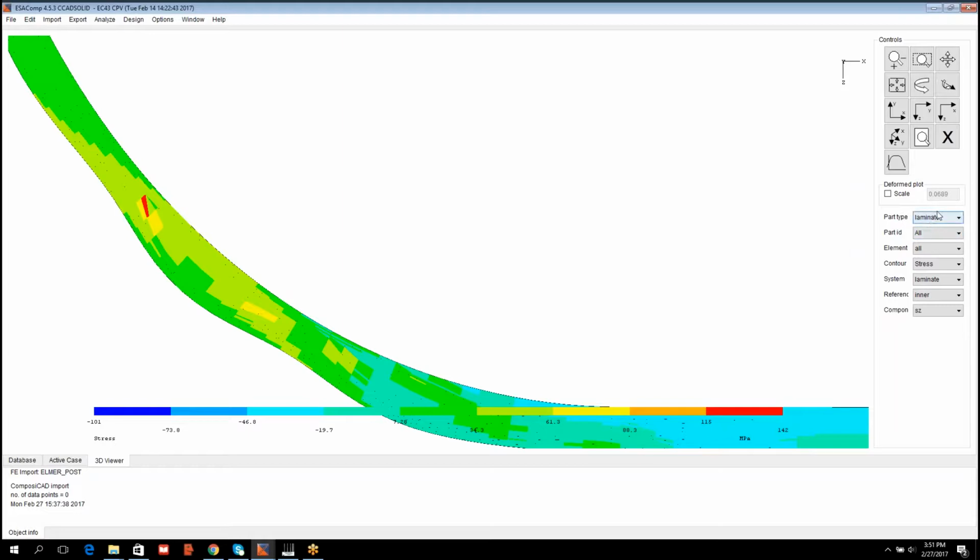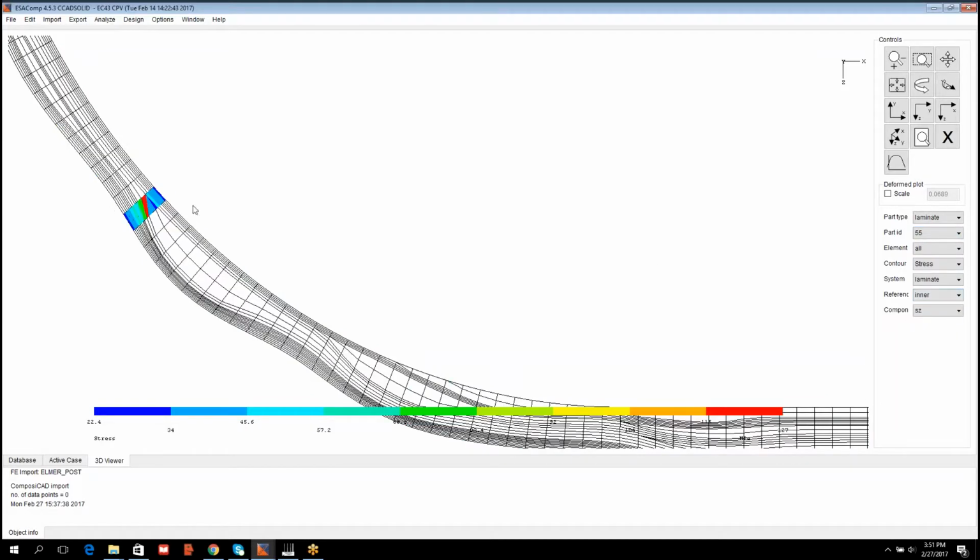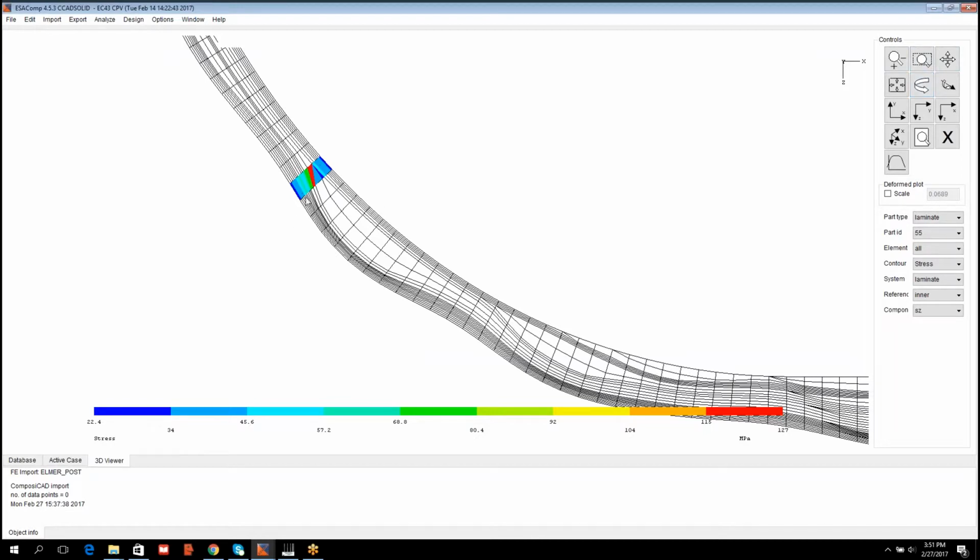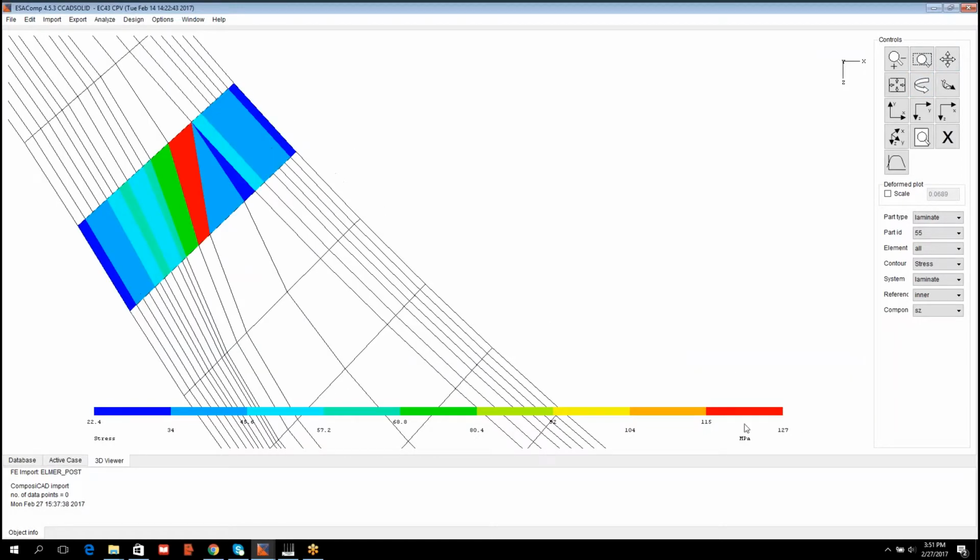Now that the part type is laminate, I can make a post-processing cross-section wise. And if I pick the laminate cross-section 55, I'm in this critical location. So when the inner surface of the element is the reference plane, the stress is 127 MPa.